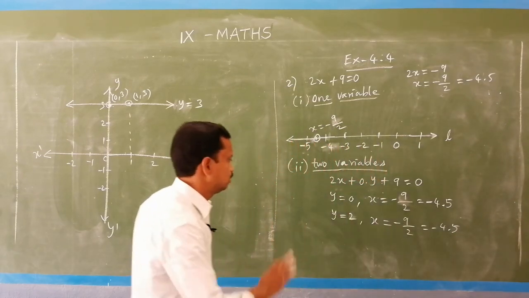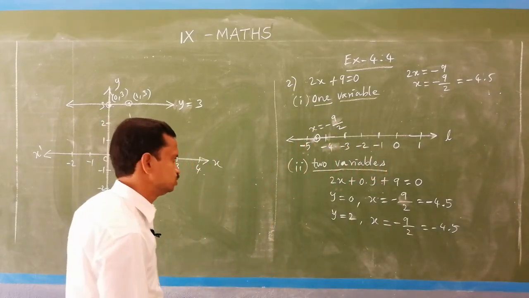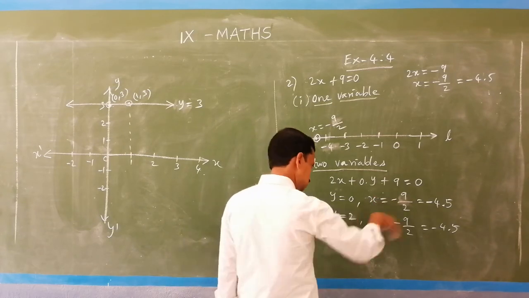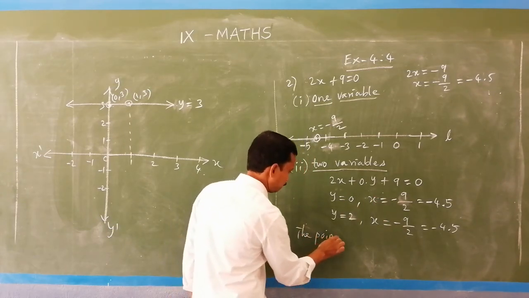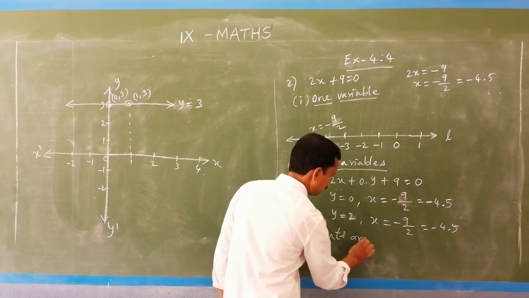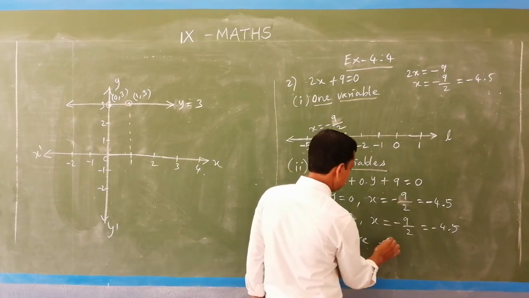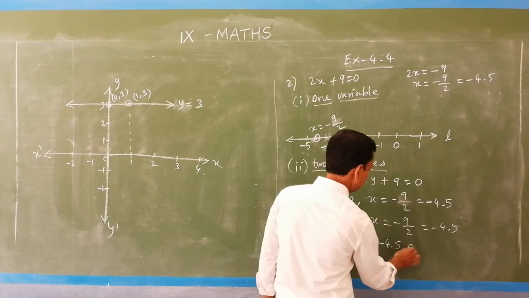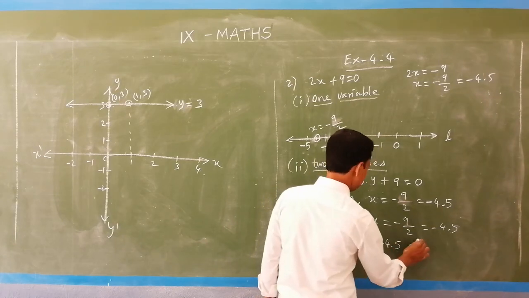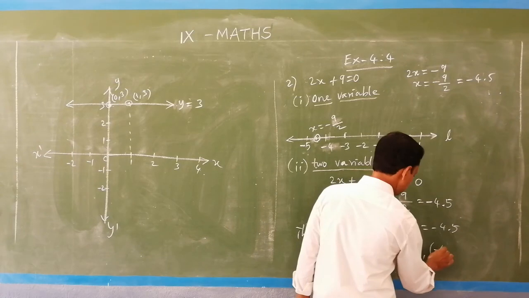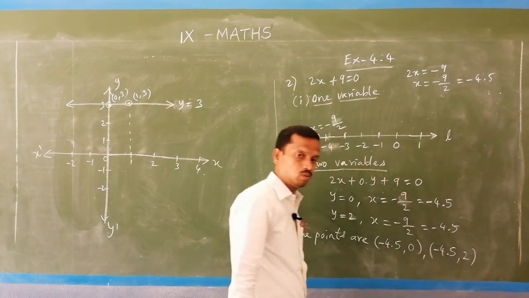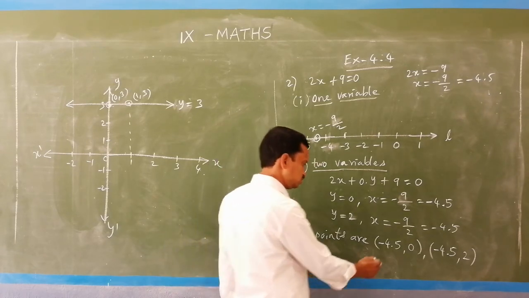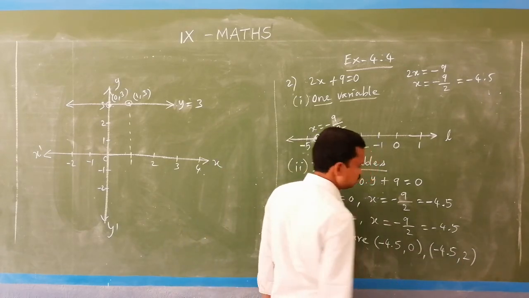So, for finding the solutions, the points are x comma 0 and so on. The points are minus 4.5 comma 0, and the next one minus 4.5 comma 2. So, it is x comma y as a point; first write x and then y.